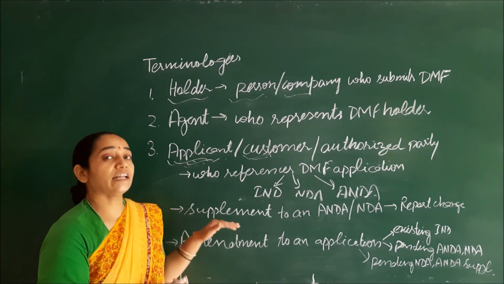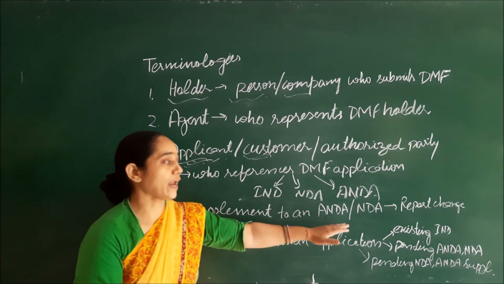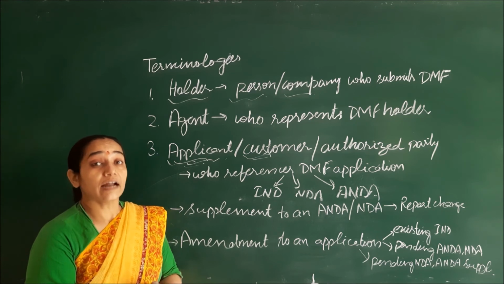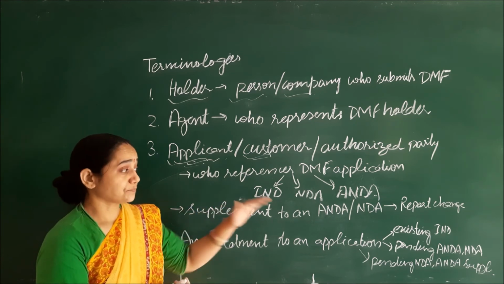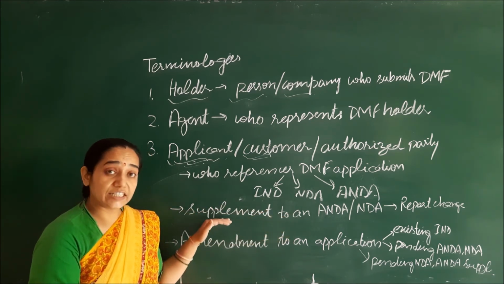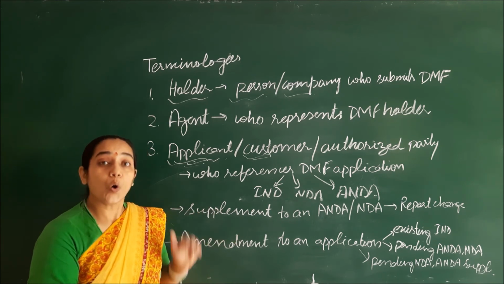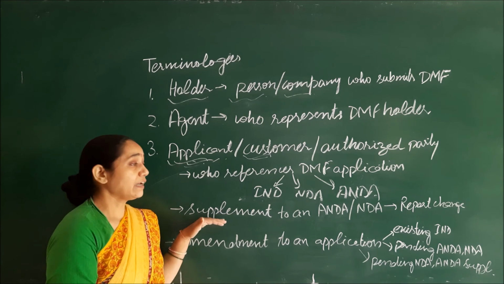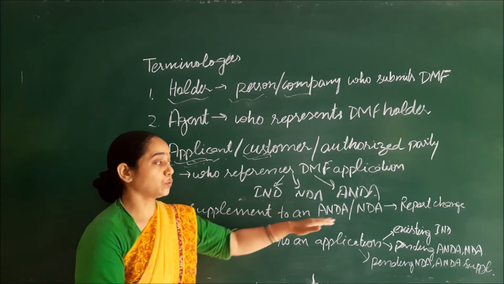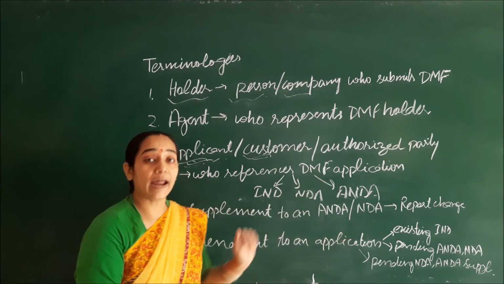Then I will provide a supplement to that ANDA or NDA, and that will contain all the reports or all the changes that have been made in the DMF according to the requirement of the authority, then they will be submitted as a supplement to the ANDA or NDA.